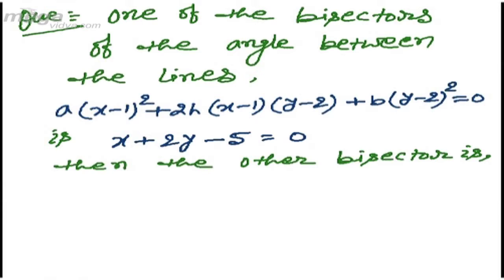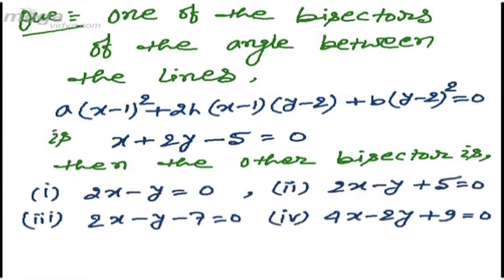Then the other bisector is, and your options are: the first option is 2x minus y equal to 0, second is 2x minus y plus 5 equal to 0, third is 2x minus y minus 7 equal to 0, fourth is 4x minus 2y plus 9 equal to 0.